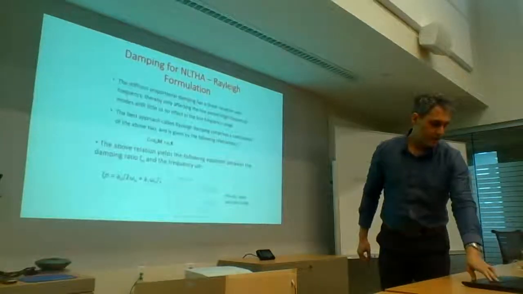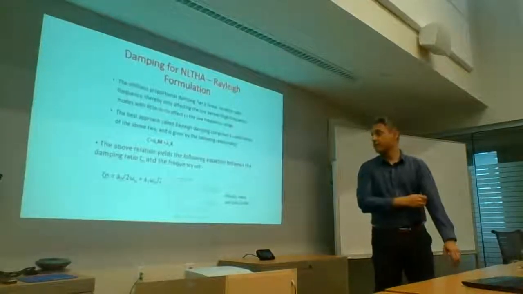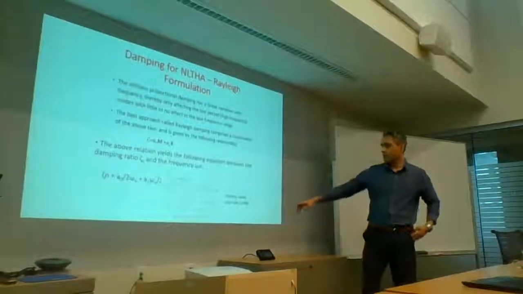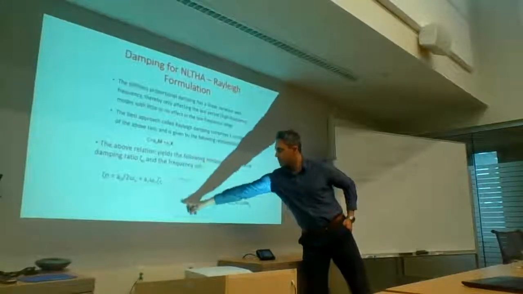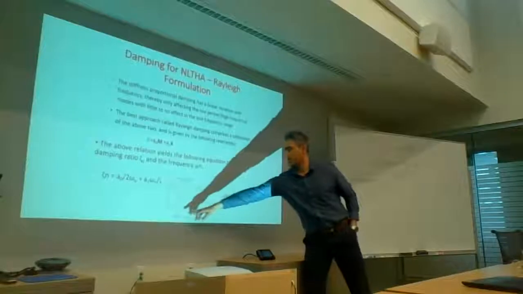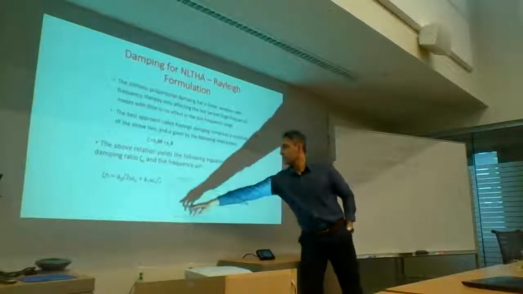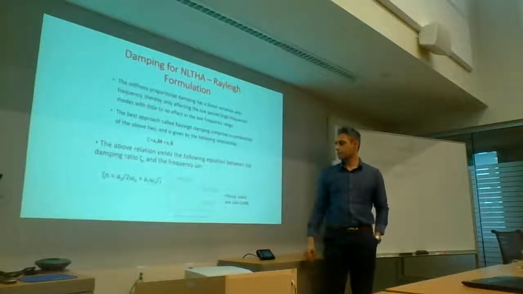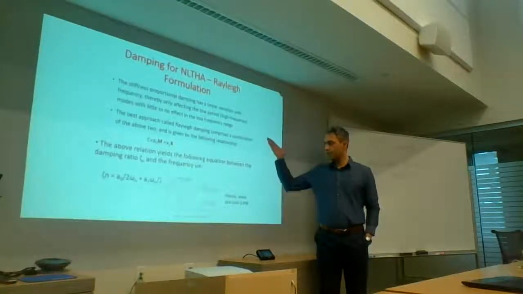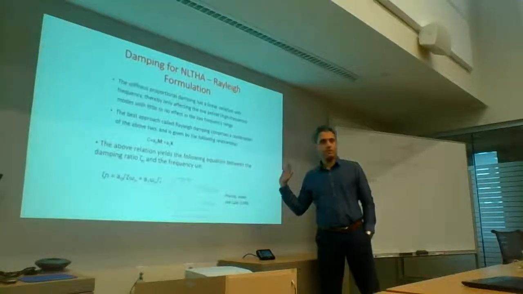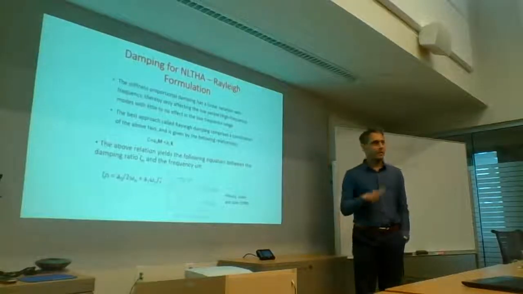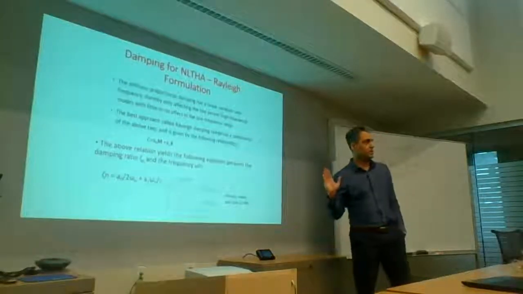So you can have them separate, but in the Rayleigh formulation, this is your mass proportional damping versus your natural frequency. And this is your stiffness proportional damping versus your frequency. One just keeps going up as your natural frequency goes up. The other one keeps coming down as the natural frequency goes up.